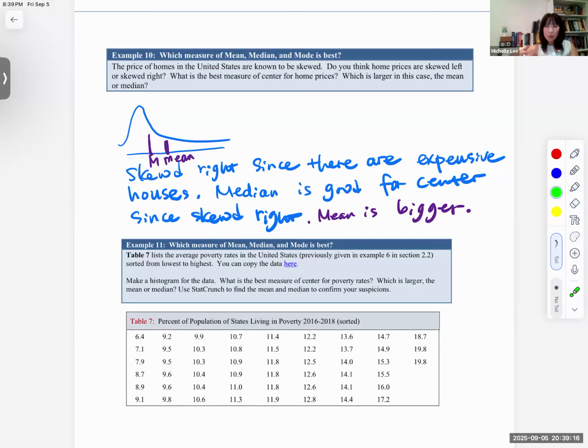If it's a bell shape, then the mean is good for center. Skew to left or skew to right, the median is good for center, right? So let's do that. Hold on one second. I want to share screen.